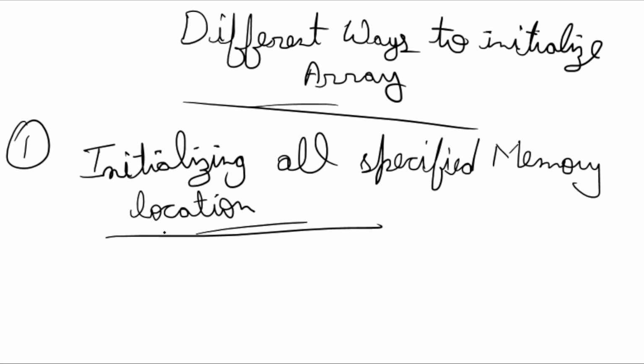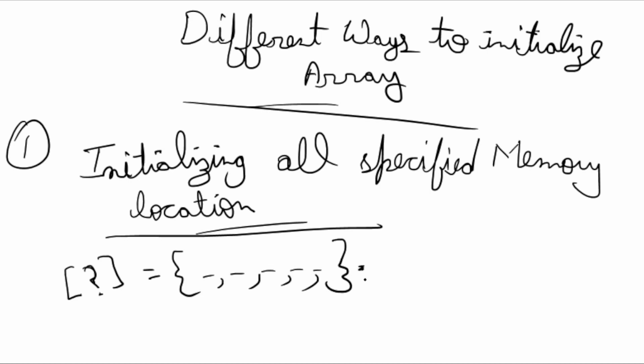Okay, so in this method we specify the size of the array and initialize each element individually, separated by commas, which I explained earlier. Let's take one more example so you can understand it clearly.